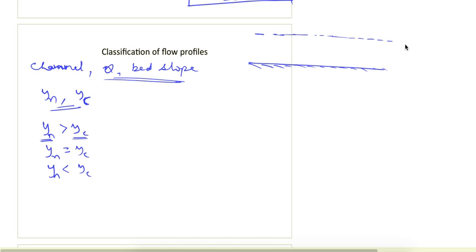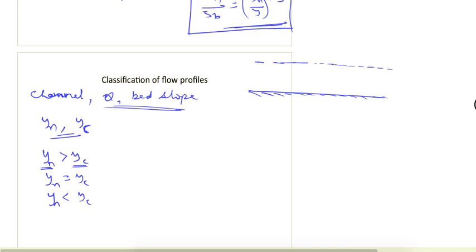It means that the flow is subcritical, because we know if the depth of flow is greater than the critical depth, the flow comes out to be subcritical, which we can see in the Froude number formula, which is given as V under root gy for a rectangular channel. Here, if y is equal to yc, then it is equal to 1.